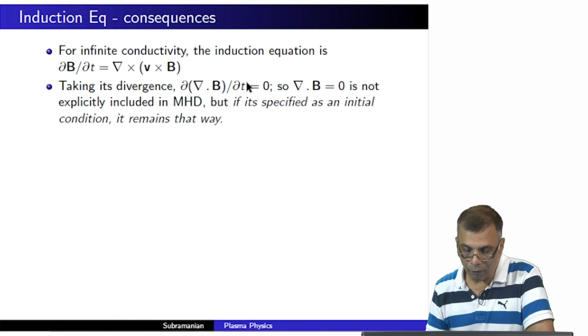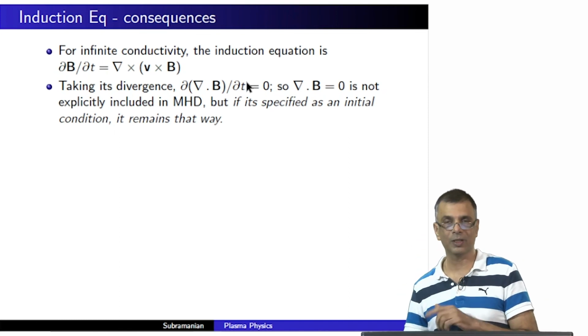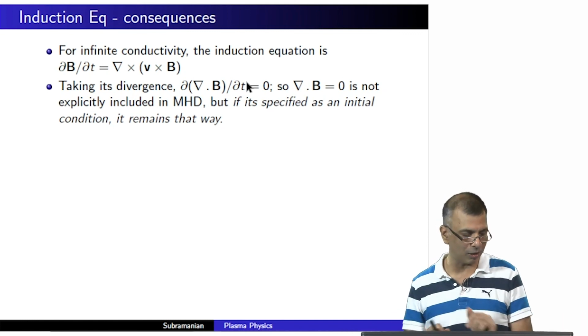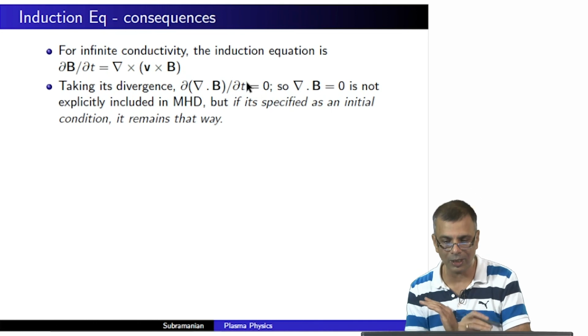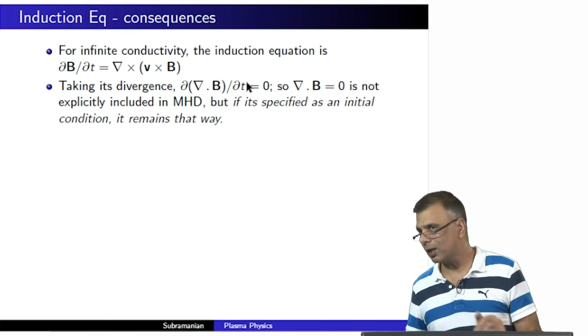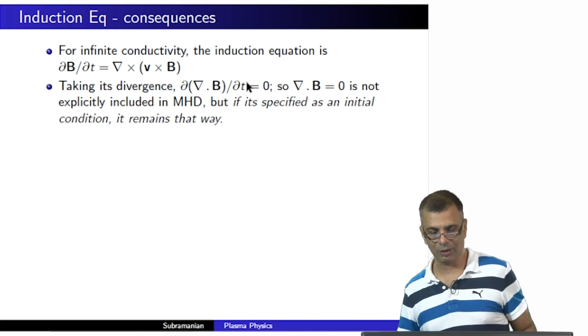This is not explicitly saying that the divergence of B is 0, mind you. This is how we have normally learned our electrodynamics, that the divergence of B is always 0. This is something that's sacred. That is not what MHD is saying. It's simply saying that the time derivative of the divergence of B is 0.